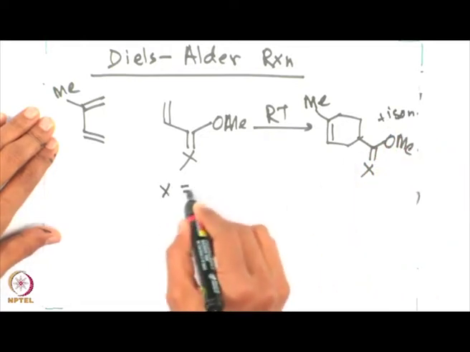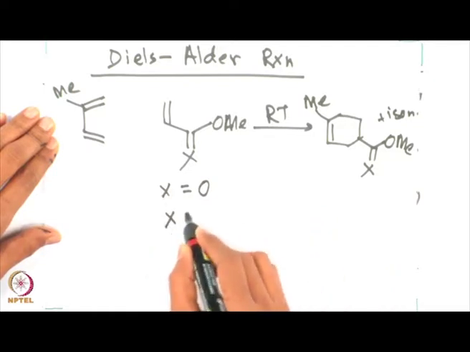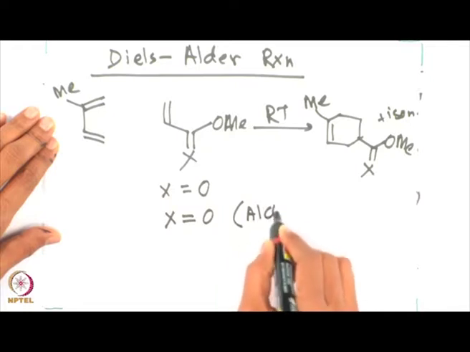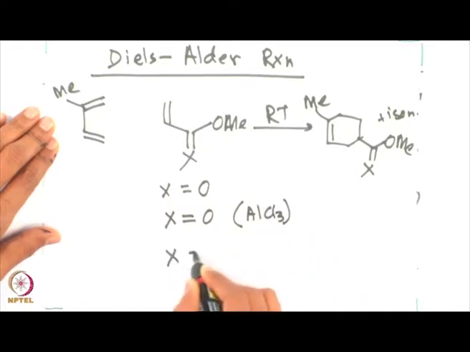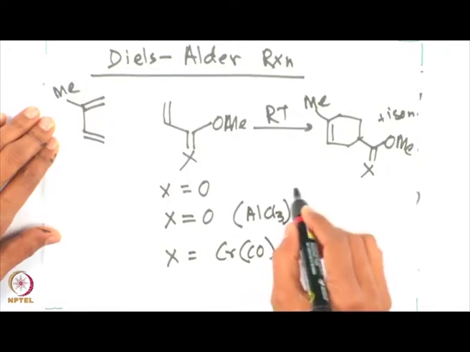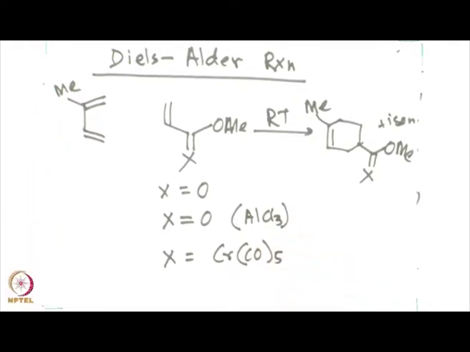If X equals oxygen, and if X equals oxygen with a Lewis acid such as AlCl3, and if X equals Cr(CO)5, what would be the time frame that we are looking at? Well, that is a very interesting one. That is how perhaps PhD students are there for, to figure out how easy or difficult these reactions are.